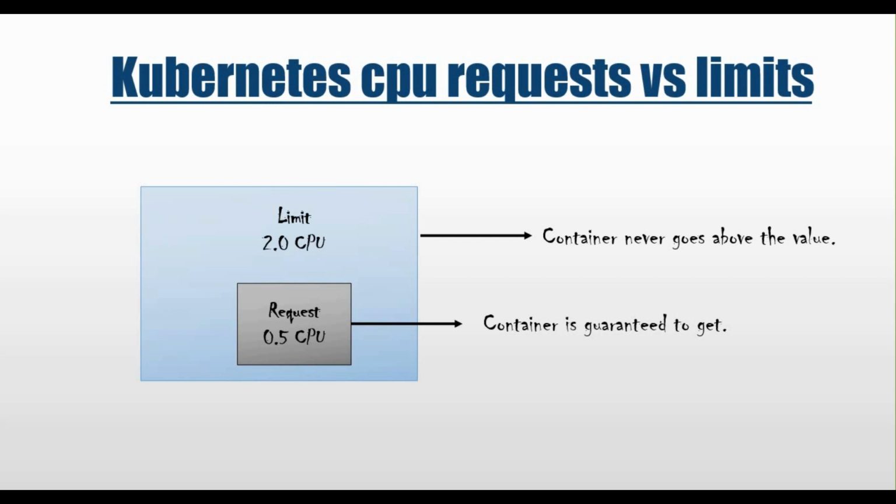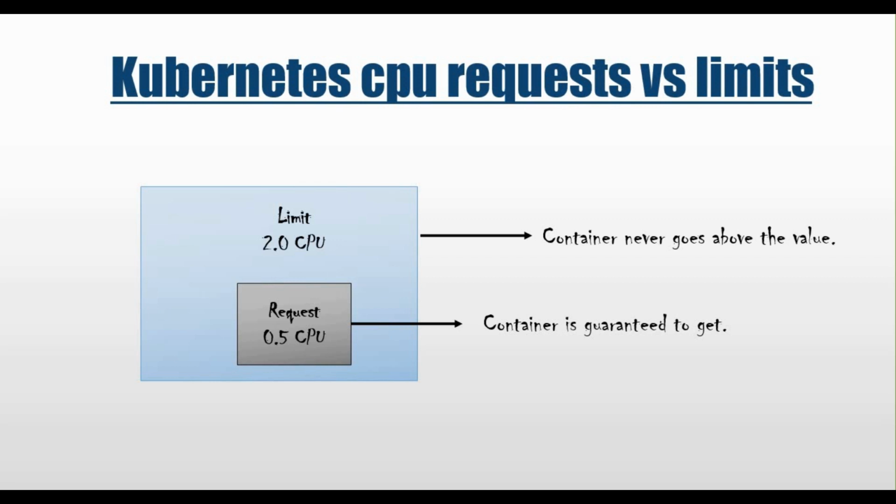So 0.5 is the minimum, it's guaranteed, and it can go up to 2 CPUs. If you don't set the limit, it can go as high as the node has, because you're not setting any limit for it. That is the overall purpose.